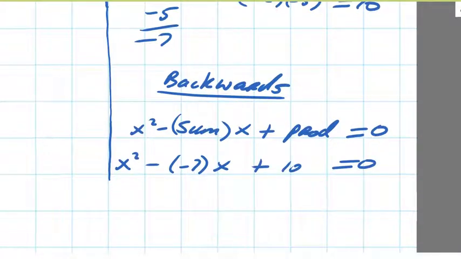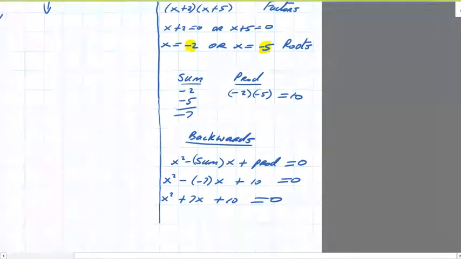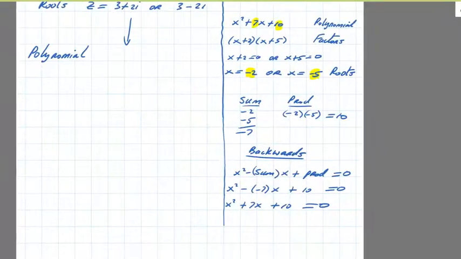So that's x squared plus 7x plus 10 equals 0. And we're back to where we started, as you can see. So that's exactly where we started with the polynomial.